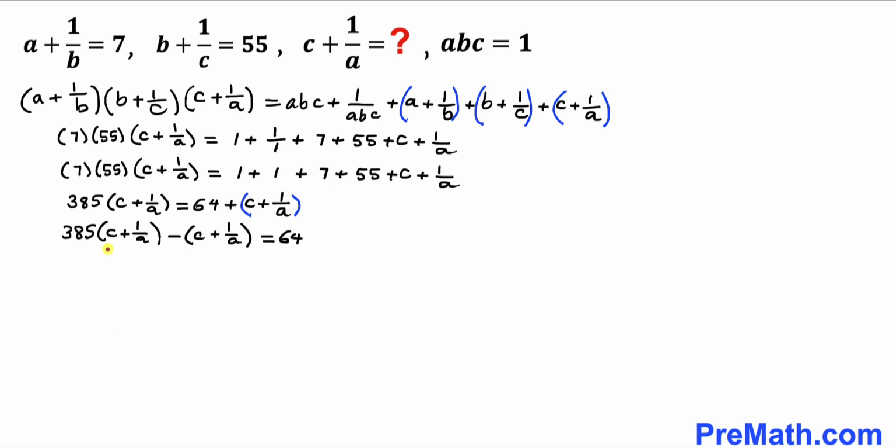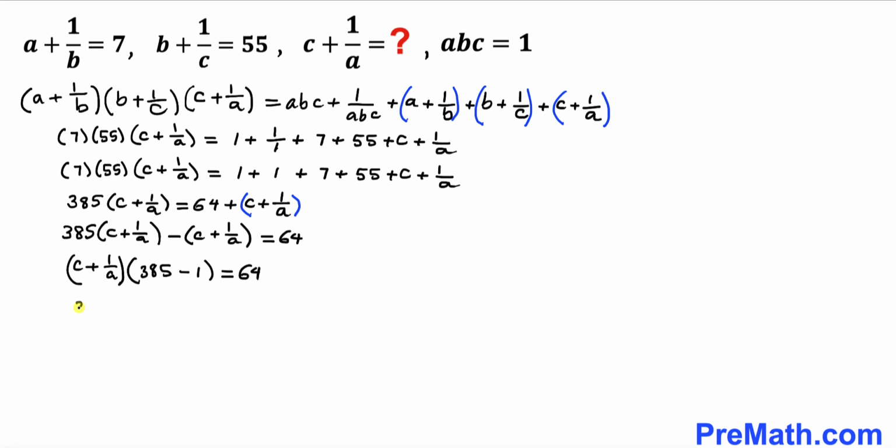And now we can see c plus 1 divided by a and c plus 1 divided by a in common. So I can factor out c plus 1 divided by a, and we end up with 385 minus 1 over here equal to 64. And now 385 minus 1 is going to give us 384.